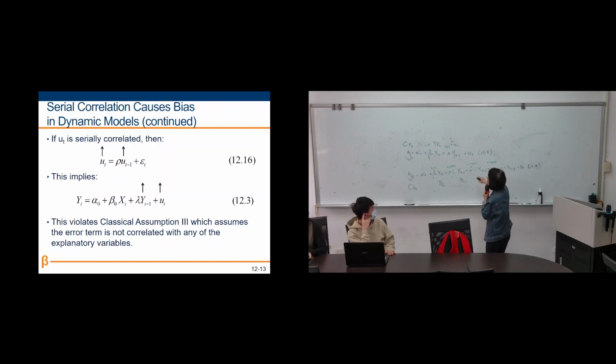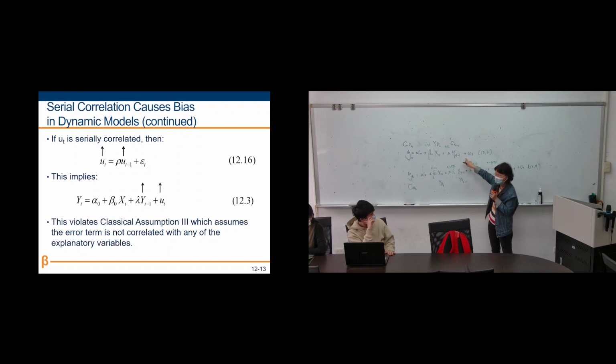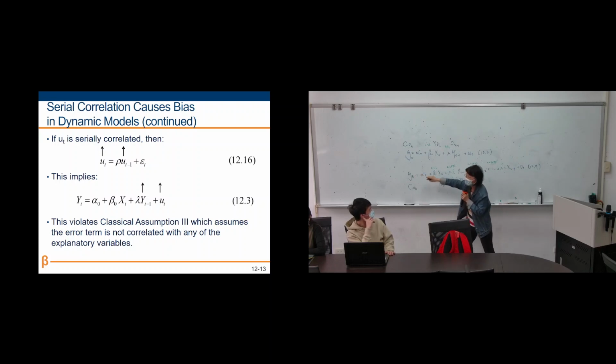So the zero correlation problem is the dynamic model's problem. The zero correlation problem won't be a distributed lag model problem, but it is the problem of dynamic models. Agree with me? Since we do have the previous Y t, which is affected by the previous error at t minus 1.